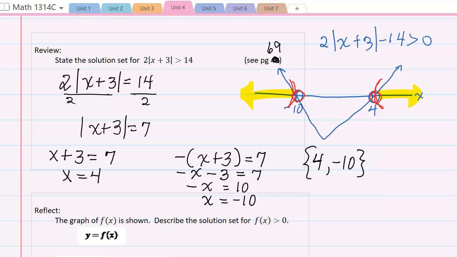From our rough sketch, we can see that our graph is above the number line for x values less than negative 10 and greater than 4, shown here. Since the inequality does not contain the values of negative 10 and 4, we use parentheses in our intervals to show that they are not included in the solution.